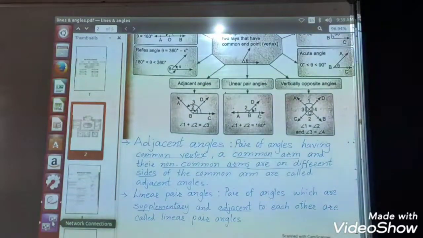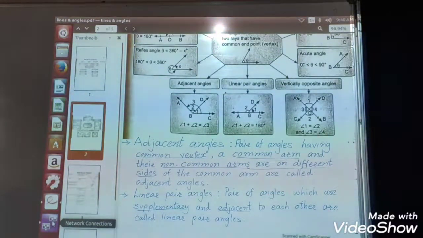Adjacent angles, pair of angles having a common vertex. As you can see in the figure that ABC is a main angle which is divided into two different angles, that is ABD and DBC. Both these angles are having a common vertex B, a common arm. Now you can see that ABC, when divided into two angles, their common arm is ray BD.